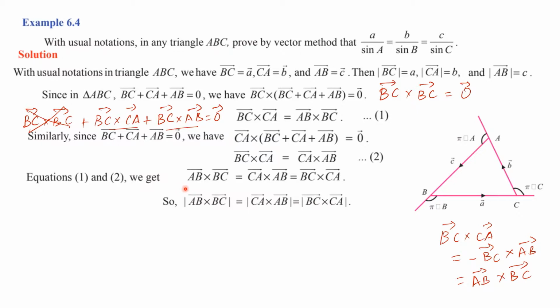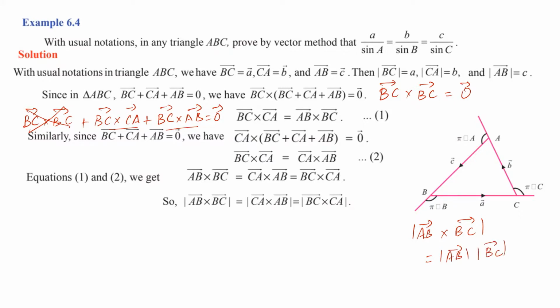If I take the magnitude of it, the magnitude of AB vector cross BC vector is equal to AB vector magnitude into BC vector magnitude sine theta, where theta is the angle between AB and BC.